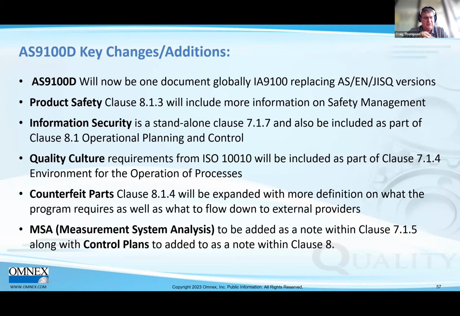MSA, for material or measurement system analysis, they are going to add a note to clause 7.1.5. And they're also going to add a note to clause 8 around control plans. They are not going to expand on the how. They're just going to say, hey, you need to do these things. The how you do it is completely up to you. Currently, there is no aerospace standard on MSA or control plans.